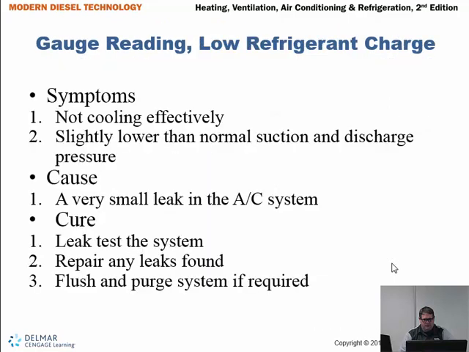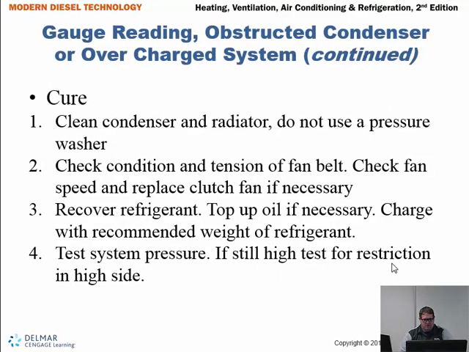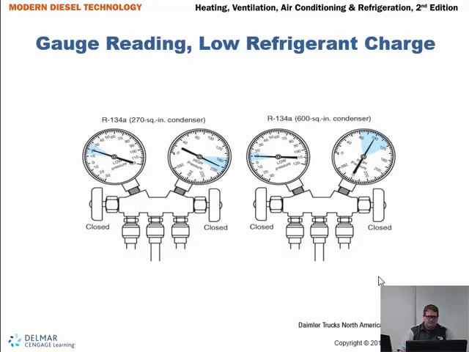There we go. Gauge reading: low refrigerant charge. So with low refrigerant, we're going to have normal to low side, and we're going to have normal to high, I should say, high side pressures.